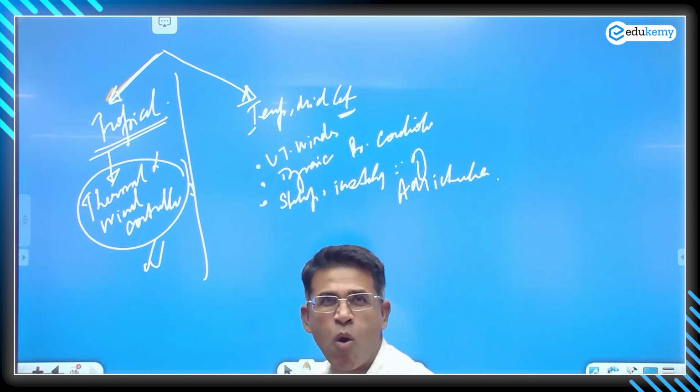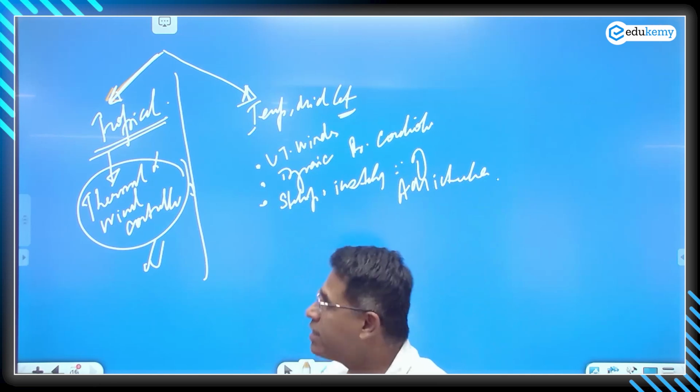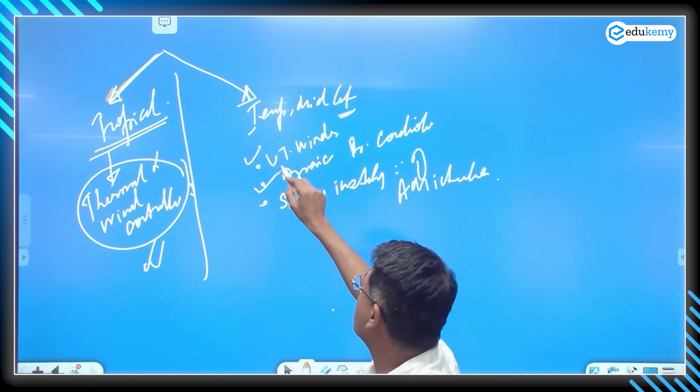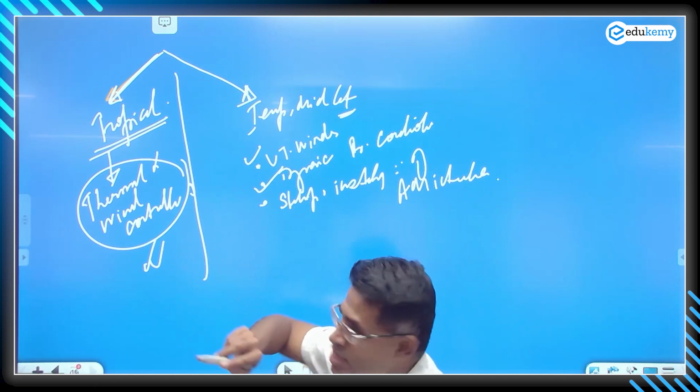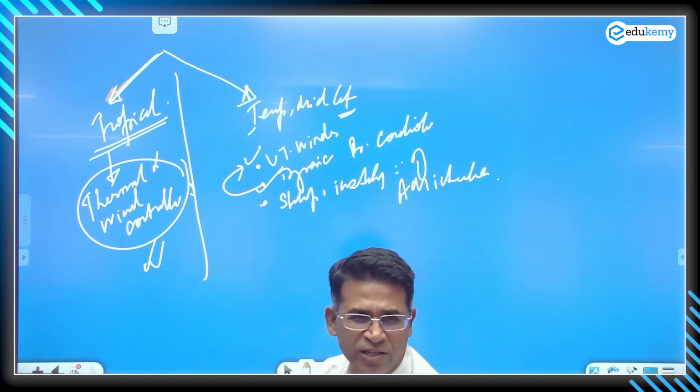Whatever conditions of temperate regions we have, it is these three: upper tropospheric winds, and the role of dynamic pressure conditions, which is also linked to upper tropospheric conditions.